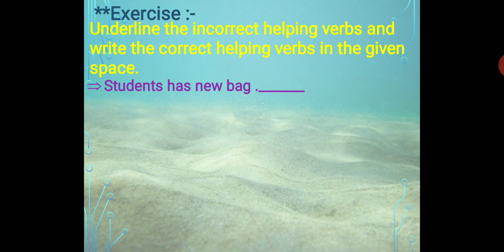And new bag shows possession, and for possession we use has or have. So for plural nouns or pronouns, which verb do we use? Has is the wrong helping verb. And what is the correct answer? Have. Students have new bag.